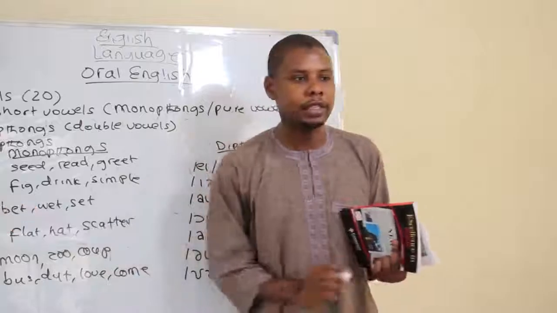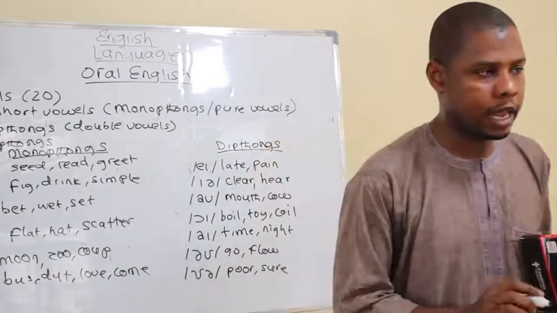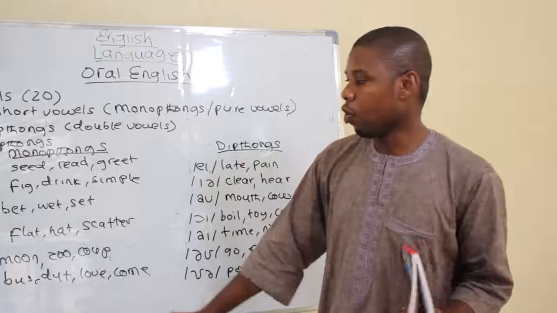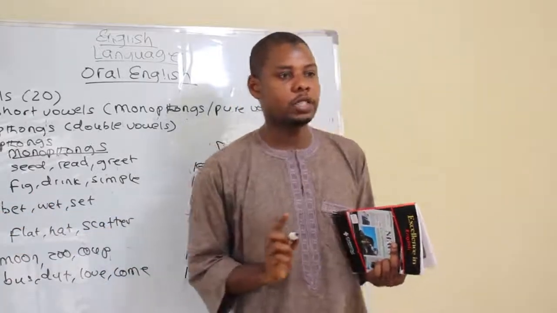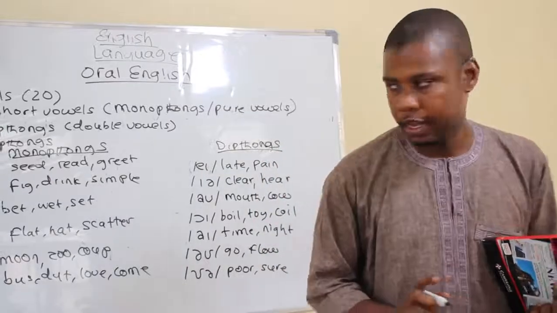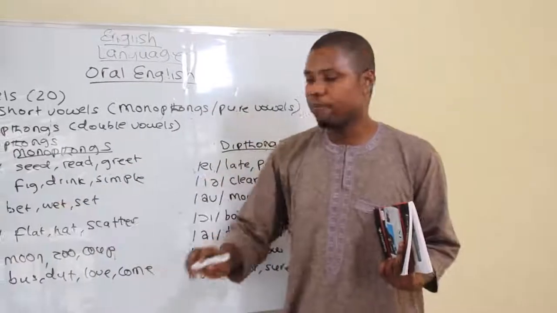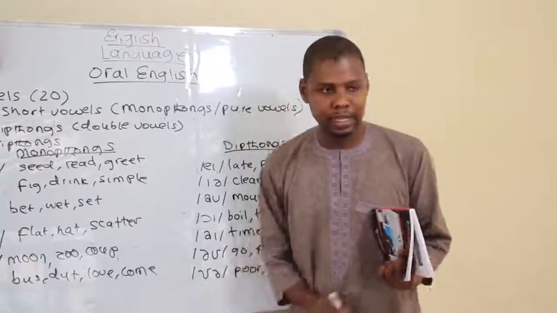Now the next one. Although it resembles the alphabet E, it is pronounced differently, and you have it in words like bet, wet, and set.